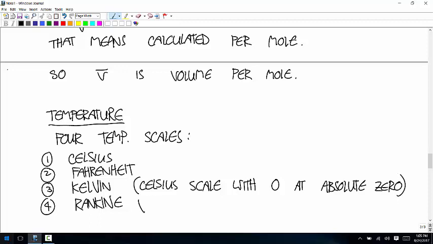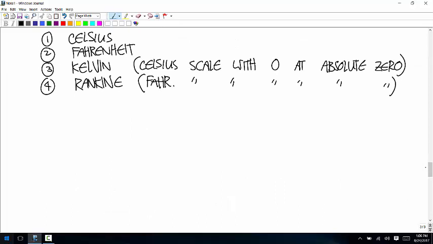And Rankine is the Fahrenheit scale with 0 at absolute 0. We just need enough conversions to go from any one of these to any other one. So you can do that with these 3 conversions.